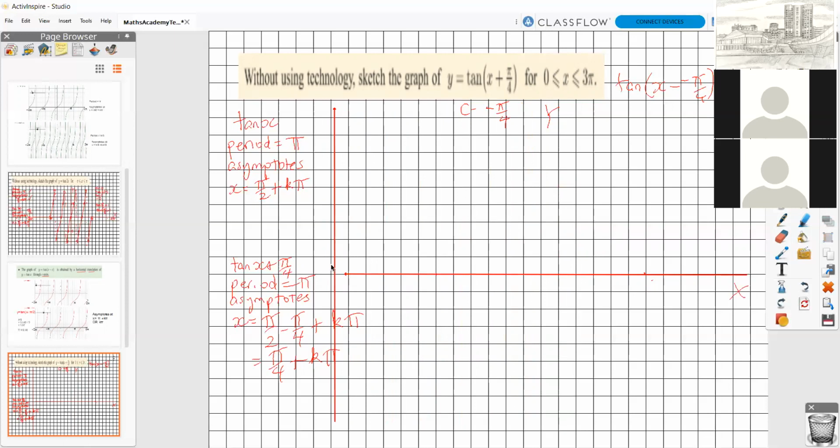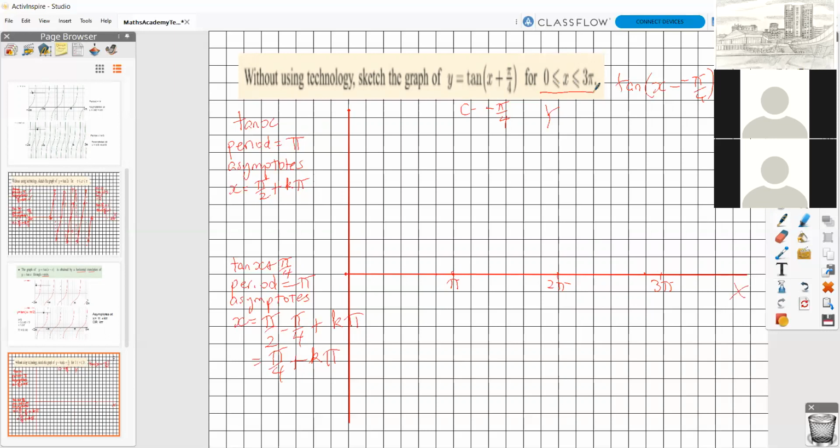We might even get away with it being there. So 1, 2, 3, 4, 5, 6, there is pi. 1, 2, 3, 4, 5, 6, there is 2 pi. 1, 2, 3, 4, 5, 6, there is 3 pi. Now we've got it on the correct domain.